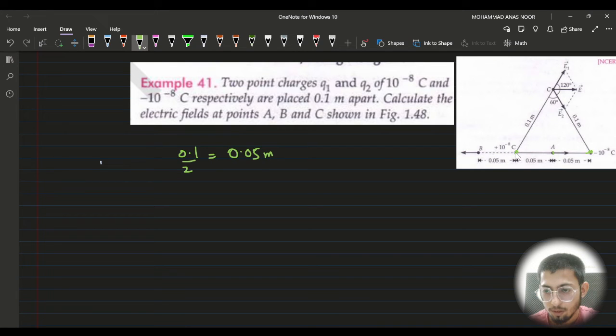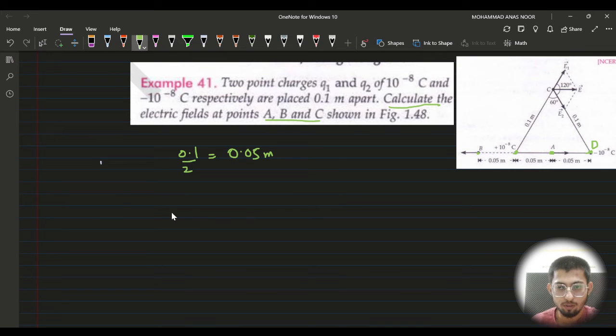So from A to C is 0.05, and from A to, again, this point, let it be some point D, it is 0.05. We need to calculate the electric field at A, B, and C. Where is A? This is A. So we need to find the electric field at this point, and at the B point, which is again 0.05 meter away from this charge. And we need to find the electric field at the C point.